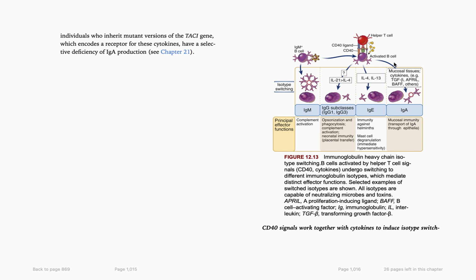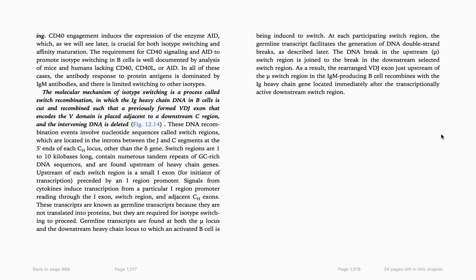In the mucosa, cytokines like transforming growth factor beta, APRIL, BAFF and others can lead to IgA production, which is mucosal immunity, transporting IgA through the epithelium. CD40 signals work together with cytokines to induce isotype switching.